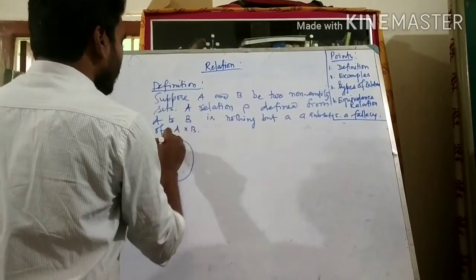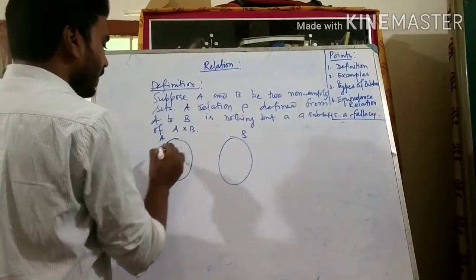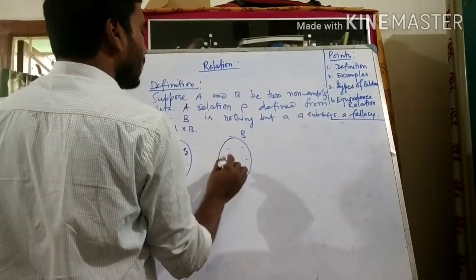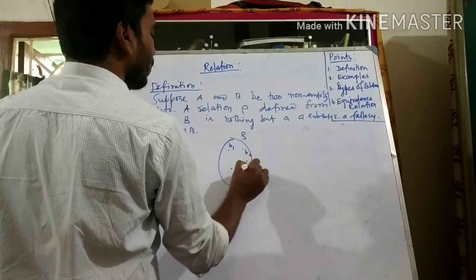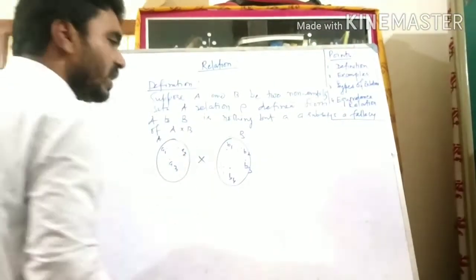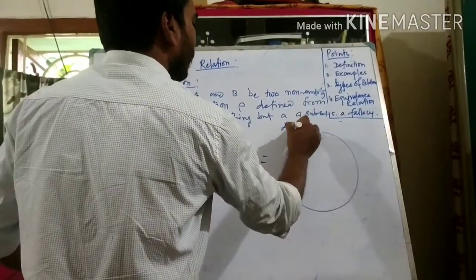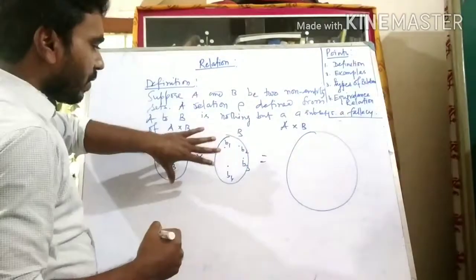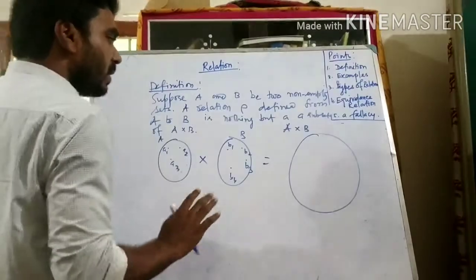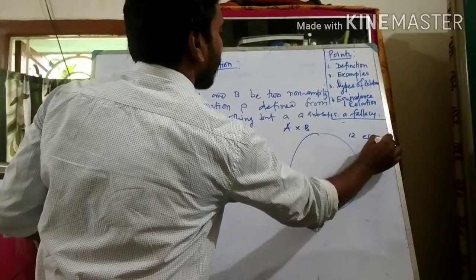What it says is that, suppose this is my A, this is my B. Suppose we have three elements in A, we name it A1, A2, A3. Suppose here we have four elements, B1, B2, B3, B4. Take the cross product of these two sets, A and B. Then we get the set A cross B. How many elements do we have in A cross B? There are 12 elements. How?